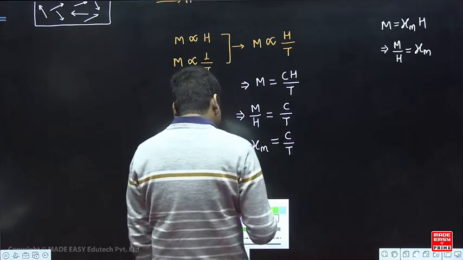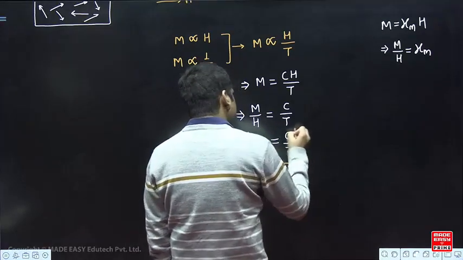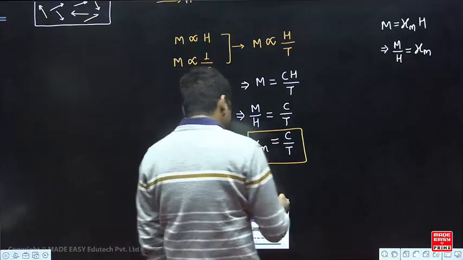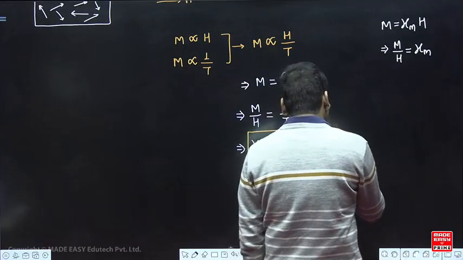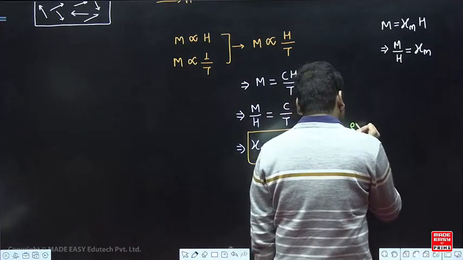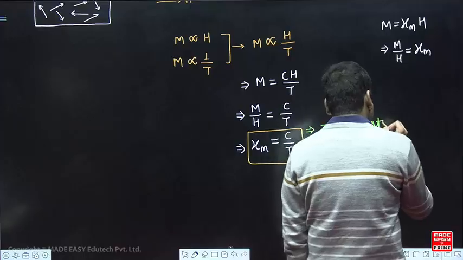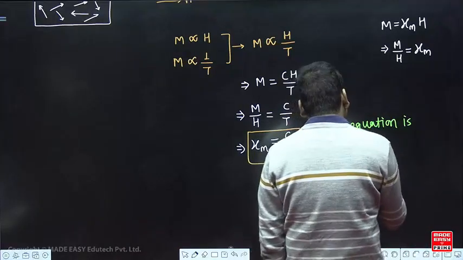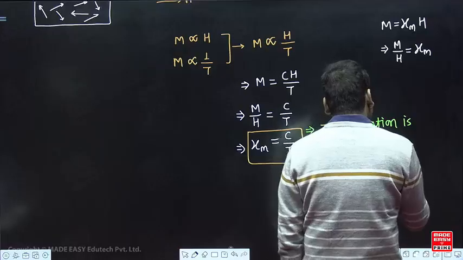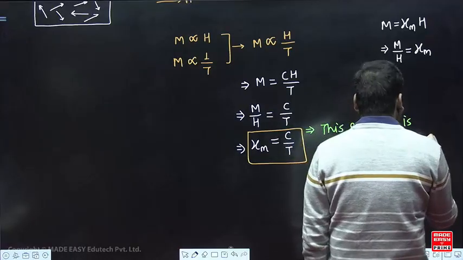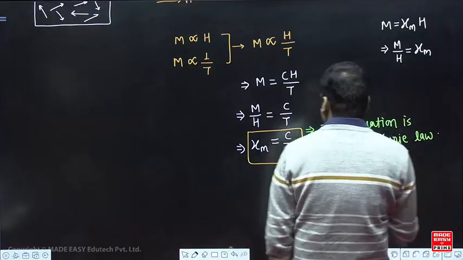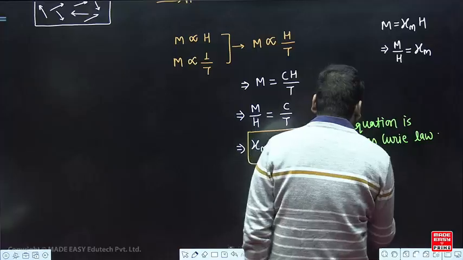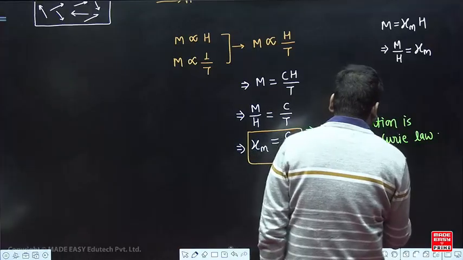This equation is known as Curie law. And this proportionality constant C is known as Curie constant.